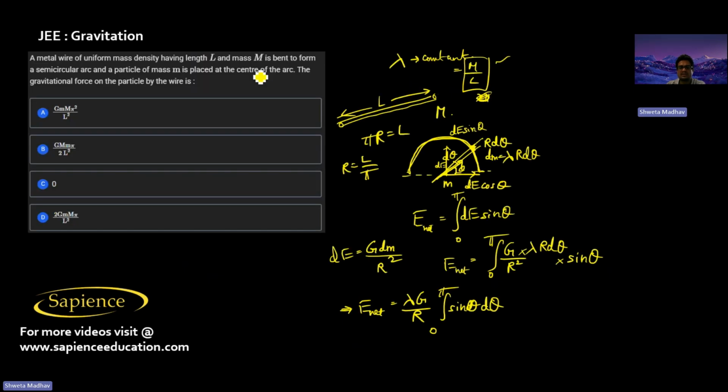So the net gravitational field will be equal to lambda g by r into integral of sin theta, that is minus cos theta, going from 0 to pi. So this will be minus lambda g by r into cos pi, that is minus 1, minus cos 0, that is 2 lambda g by r.